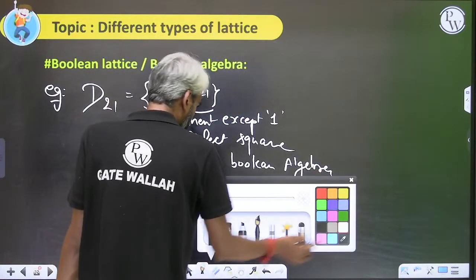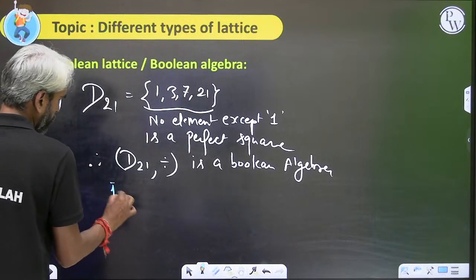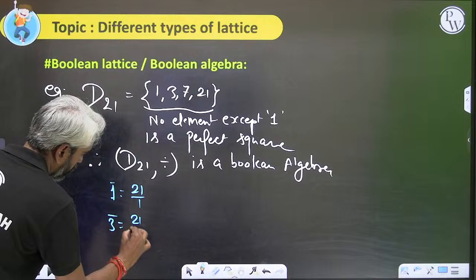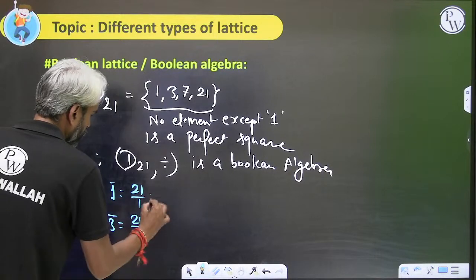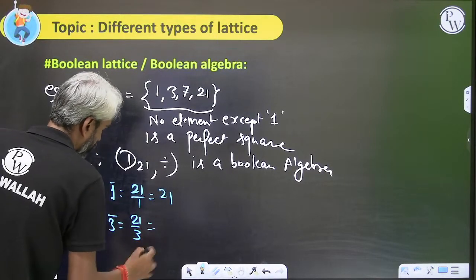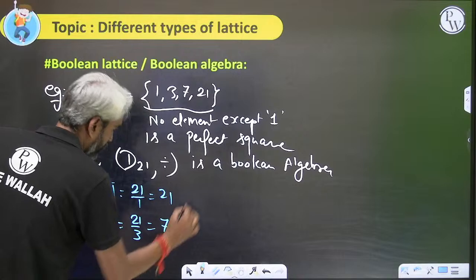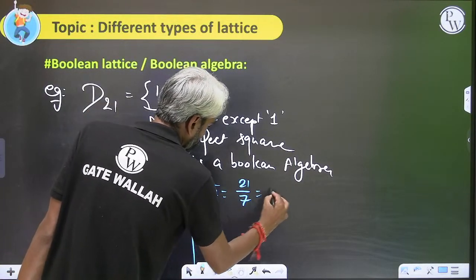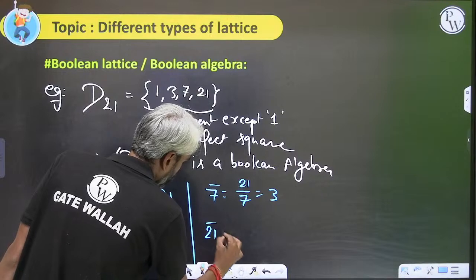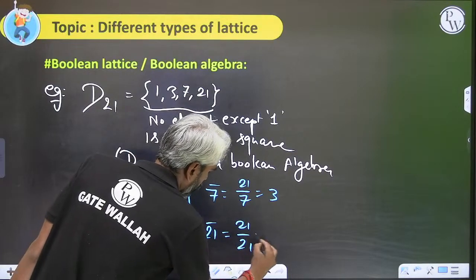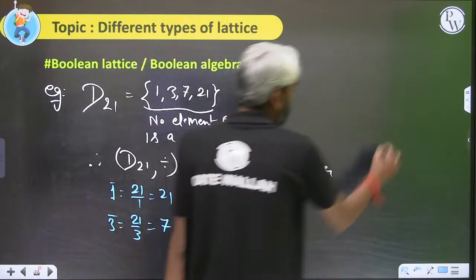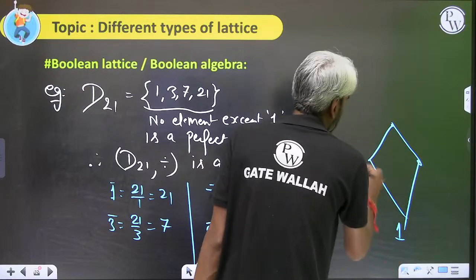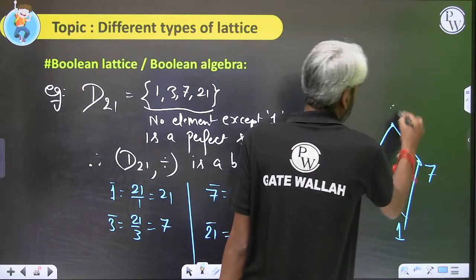What are the complements? The complement of 1 will be 21 by 1, that is 21. The complement of 3 will be 21 by 3, that is 7. The complement of 7 will be 21 by 7, that is 3. The complement of 21 will be 1. Even if you don't remember that property, you can answer from 1, 3, 7, 21.